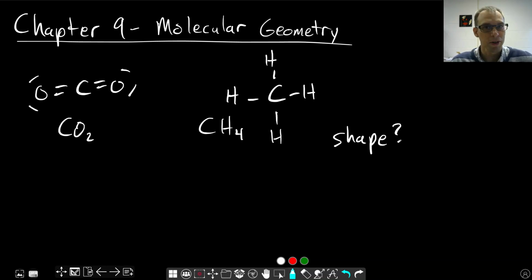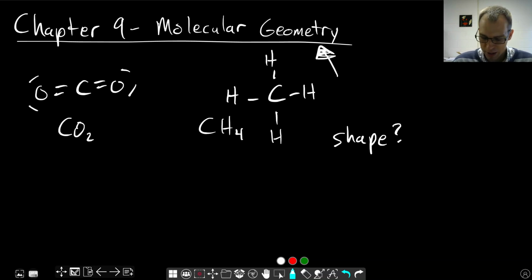And so our goal in Chapter 9 is to look at molecular geometry, or the shapes of molecules, and how we can understand how these two-dimensional flat drawings that we do with Lewis structures actually translate into three-dimensional space, right?